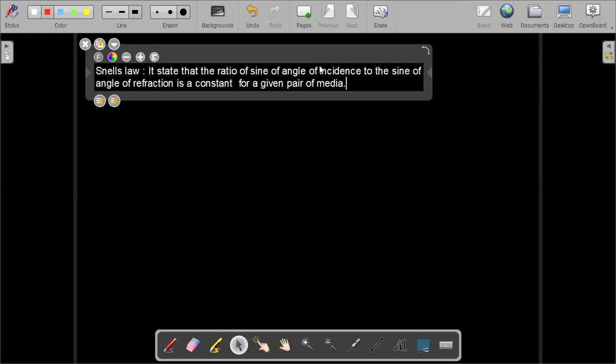So for a given pair of media, it states that the ratio of sine of angle of incidence to the sine of angle of refraction is a constant.